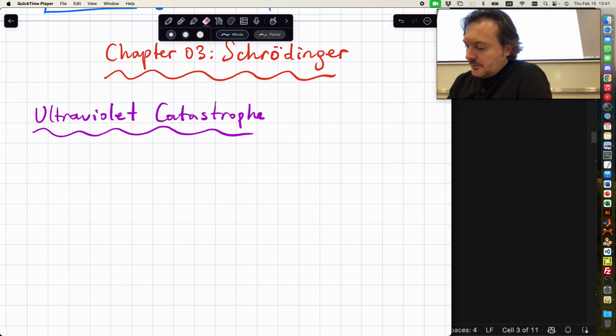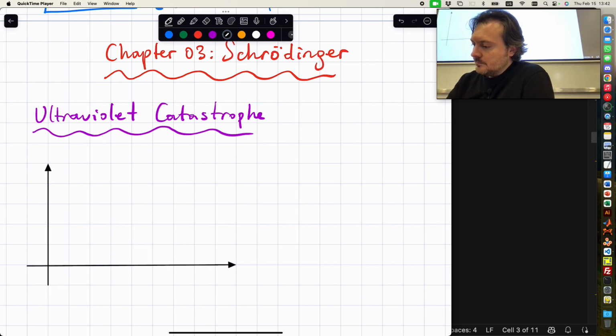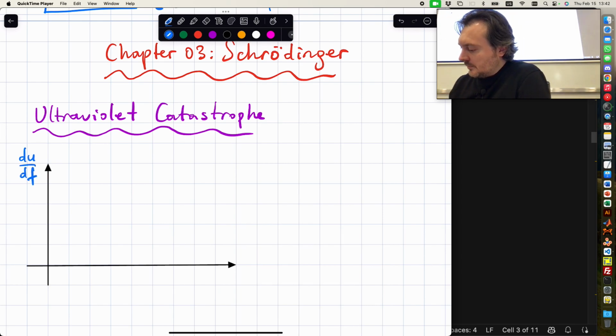So if you take the light coming from the sun and put it in a spectrum, so here is a spectrum. Let's duplicate this. Classical theory. So what is this? This is frequency.